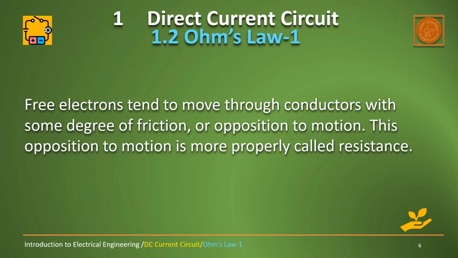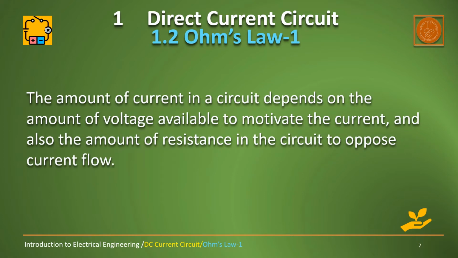Free electrons tend to move through conductors with some degree of friction or opposition to motion. This opposition to motion is more properly called resistance. The amount of current in a circuit depends on the amount of voltage available to motivate the current, and also the amount of resistance in the circuit to oppose current flow.